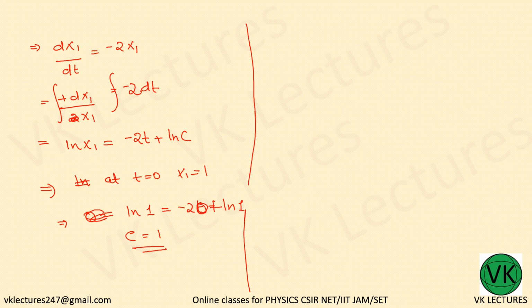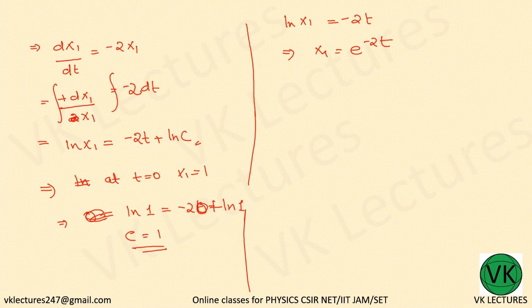Log 1 equal to 0, so I can write log x1 equal to minus 2t, and x1 is equal to e to the power minus 2t.